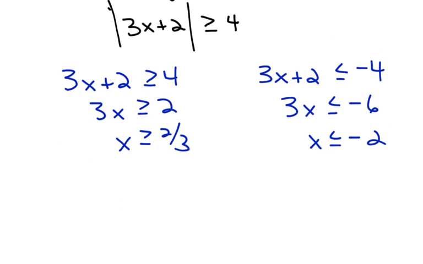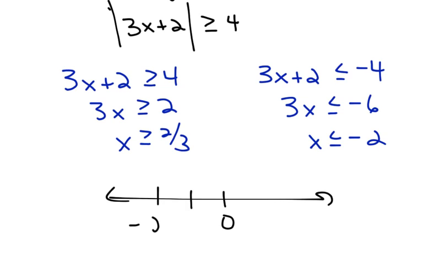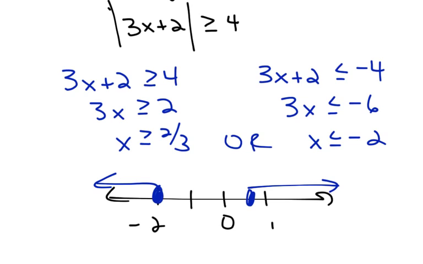The way you can figure it out is when you go to graph it. Let's see, there's negative 2, and 2/3 is going to be between 0 and 1. So x greater than or equal to 2/3 is going to have a closed circle at 2/3 pointing to the right. X is less than or equal to negative 2 is going to have a closed circle on negative 2, and the arrow points to the left. Well, that must be an "or" statement.